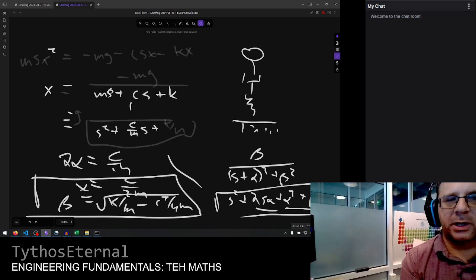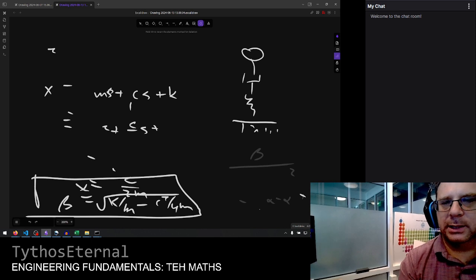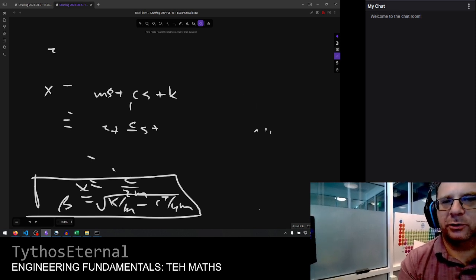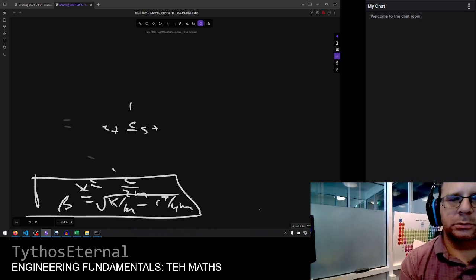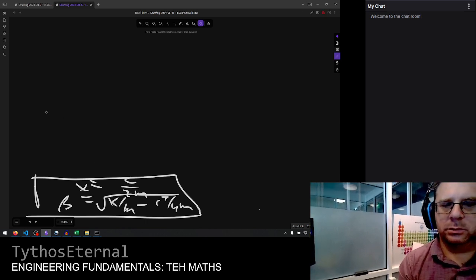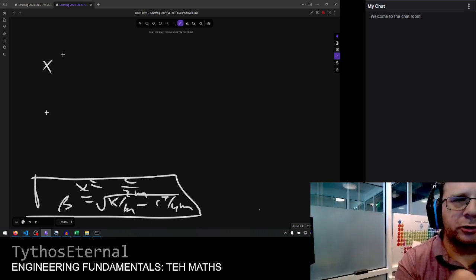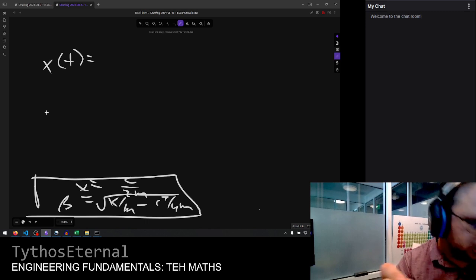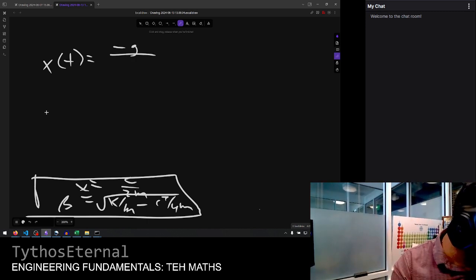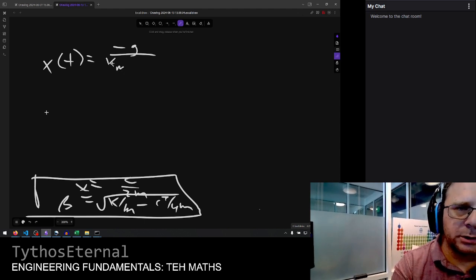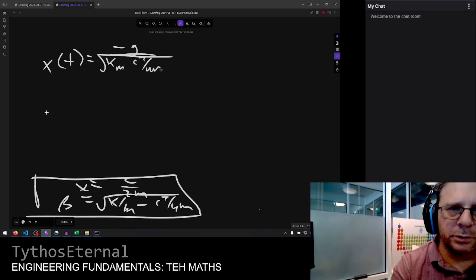If we go back into the time domain, for that mass-spring-damper system, we can construct the expression for x of t, which in this case is minus g, keeping in mind we pulled that out for linearity, times k over m minus c squared over 4m.